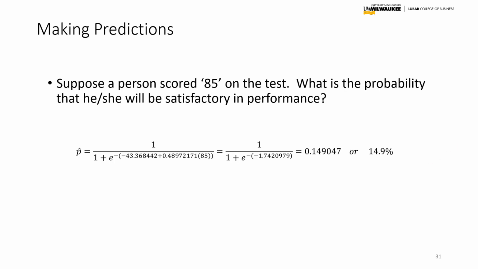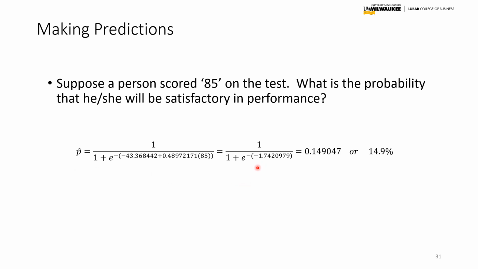Let's do some predictions. Suppose a person scored 85 on the test. We would stick 85 into the formula that gives us the predicted probability of success. Here we stick 85 into the B0 plus B1x formula. Remember that this formula B0 plus B1x is a prediction of the logit value, but we re-express it ultimately to give us a prediction of the probability of success.